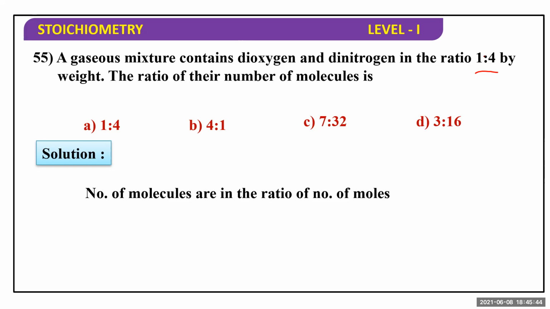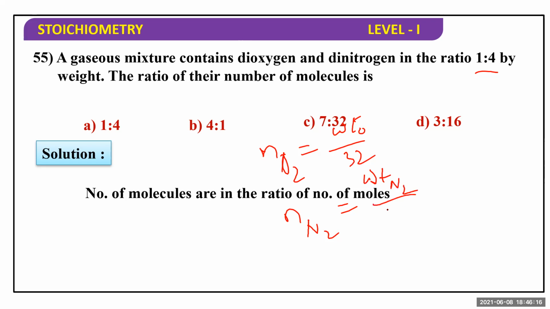The number of molecules are in the ratio of number of moles, and we can calculate that weight divided by molecular weight equals number of moles. The number of moles of oxygen is weight of oxygen divided by molecular weight of oxygen, and the number of moles of nitrogen is weight of nitrogen divided by molecular weight of nitrogen. Clear?